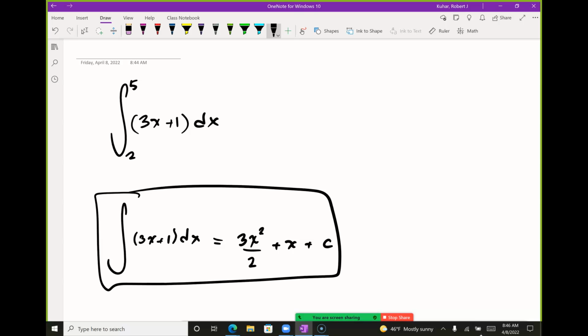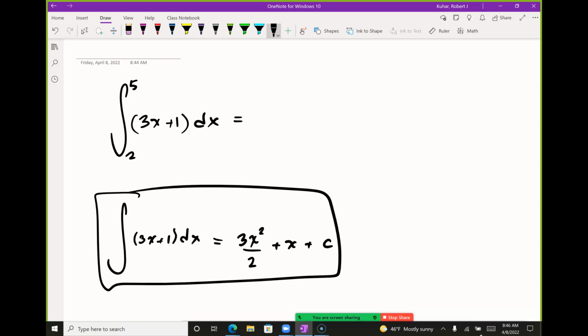I was thinking it was going to be half, I just gave it as a decimal. Is everybody okay here? So I had a 3x. I added 1 to the exponent and divided by the new exponent. I had a derivative of 1, so I must have had a function of x, because when I took the derivative of x, I got 1, plus my constant of integration.